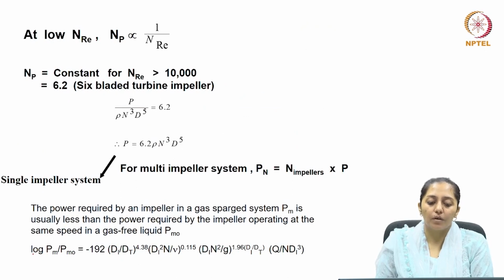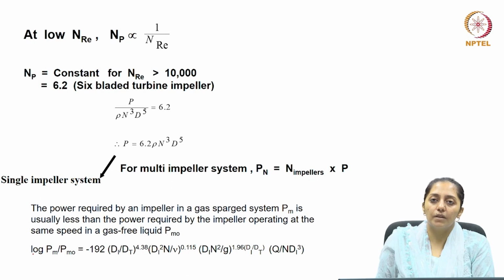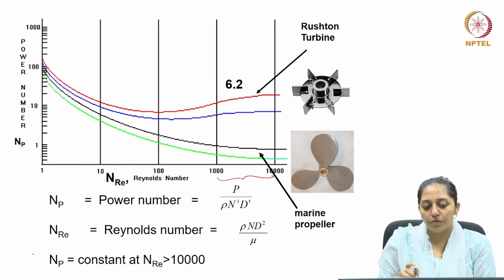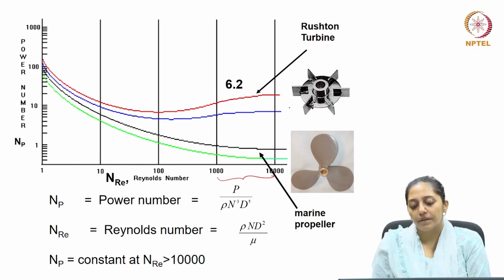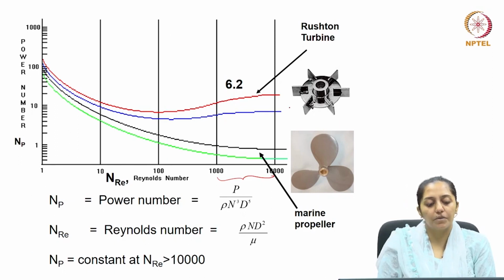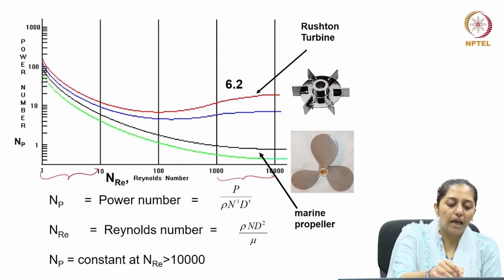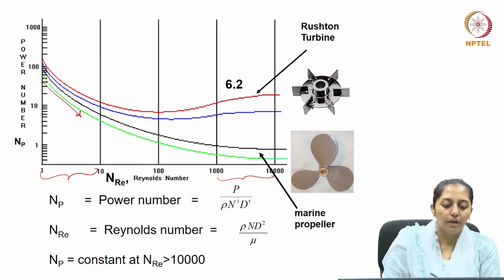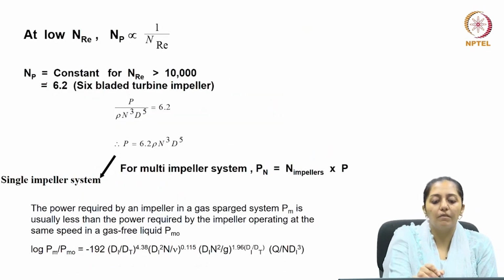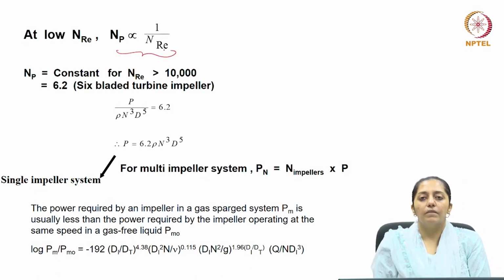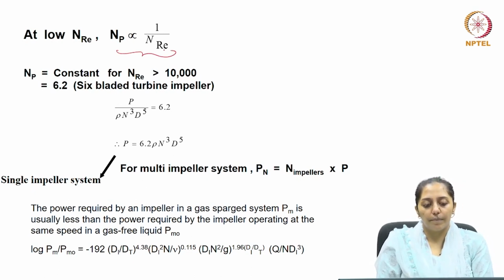At lower Reynolds number, your power number is said to be inversely proportional to the Reynolds number. And if you see here, beyond 10,000, it becomes constant. So, at very low Reynolds numbers, it can be considered as a linear drop, and therefore, it is said that the power number is inversely proportional to the Reynolds number.